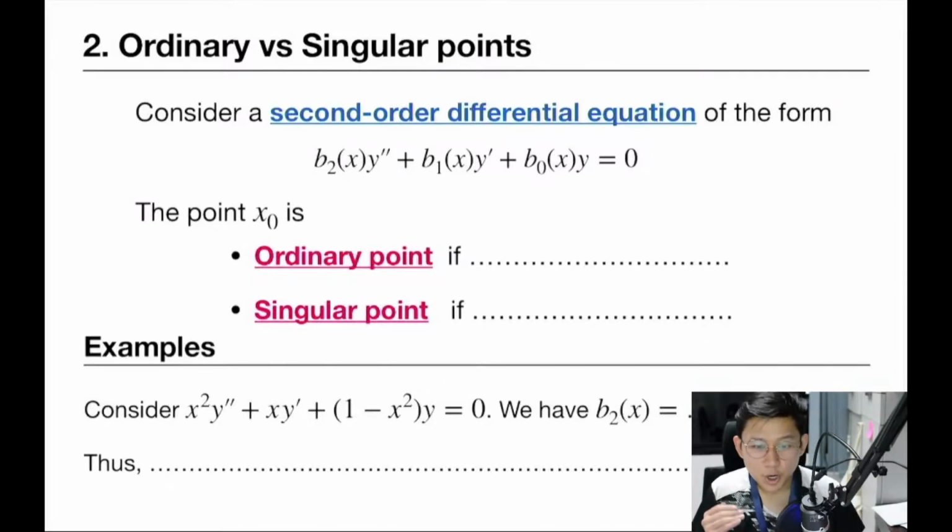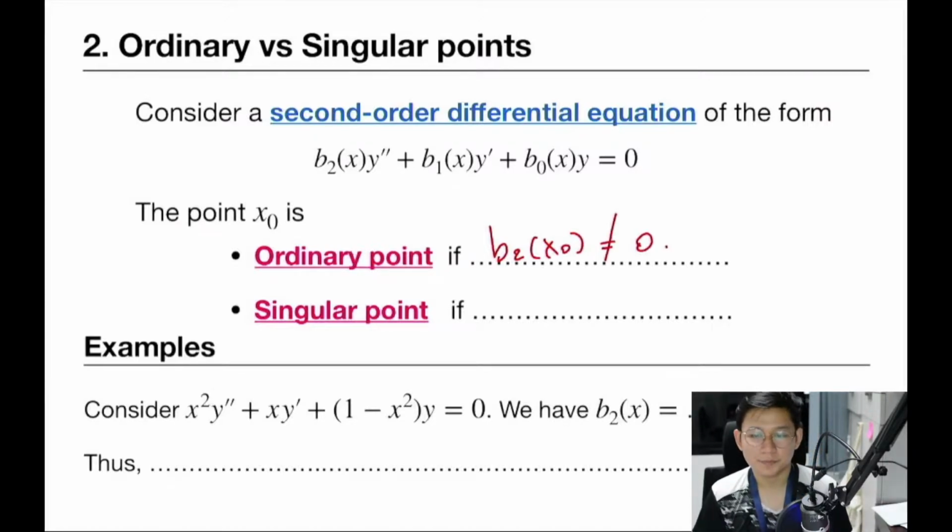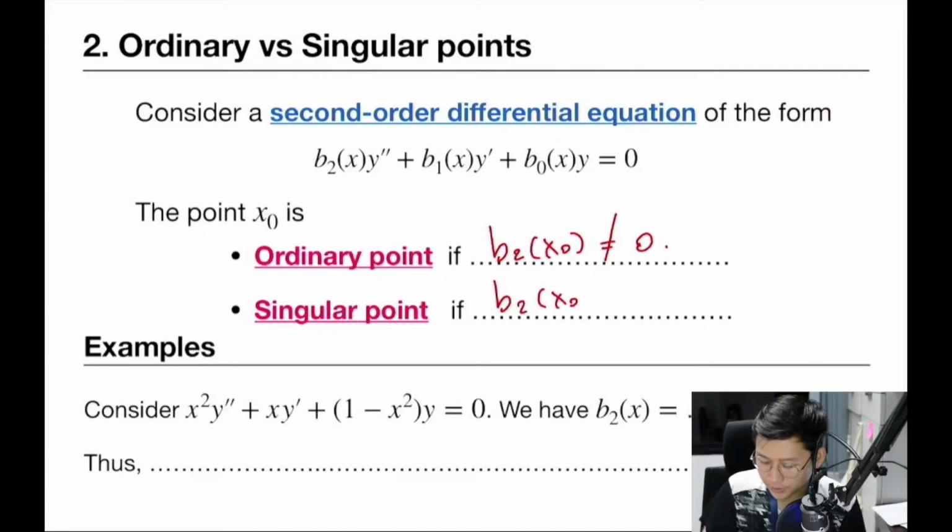The point x0 is an ordinary point if b2(x0) is not 0, and it is a singular point if b2(x0) is 0.